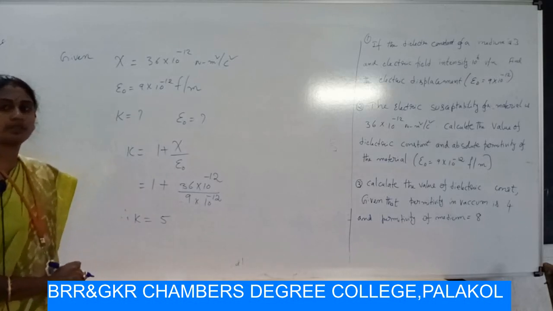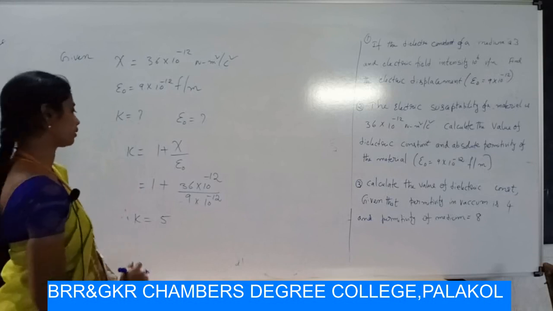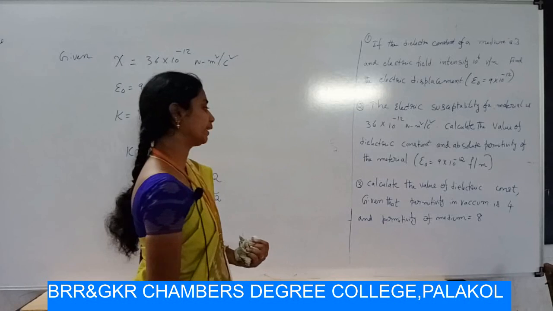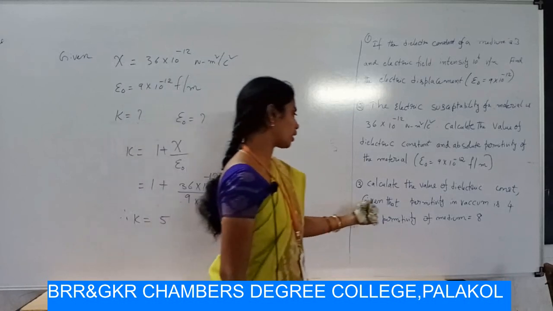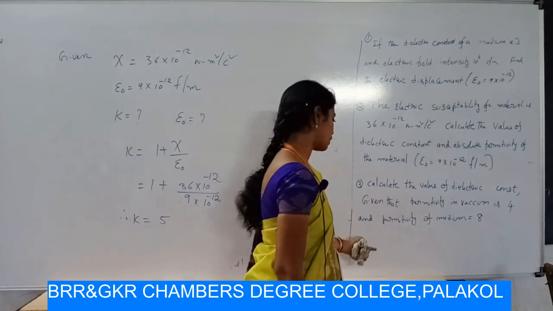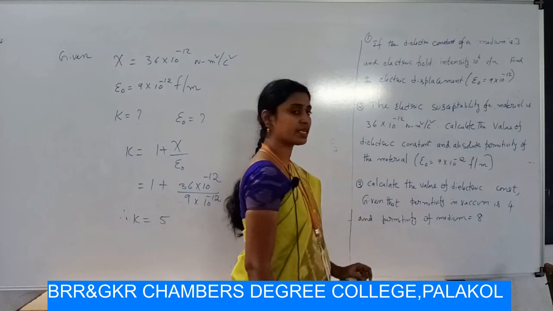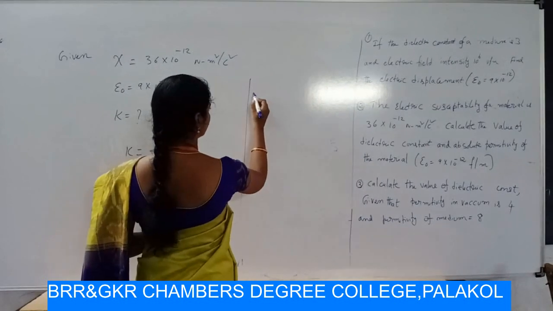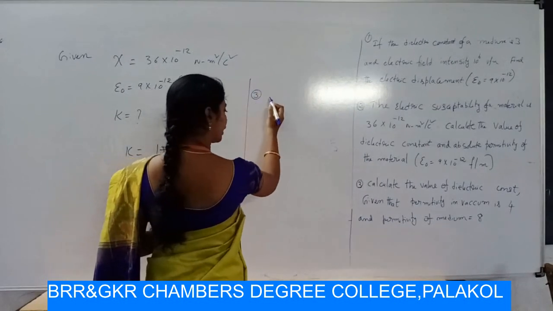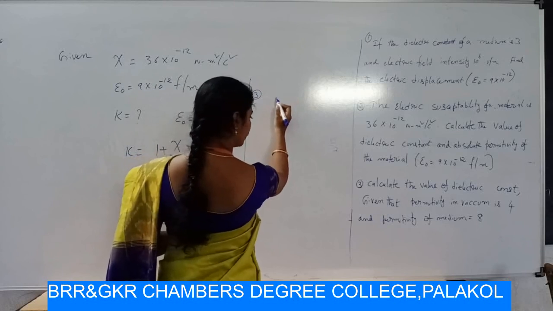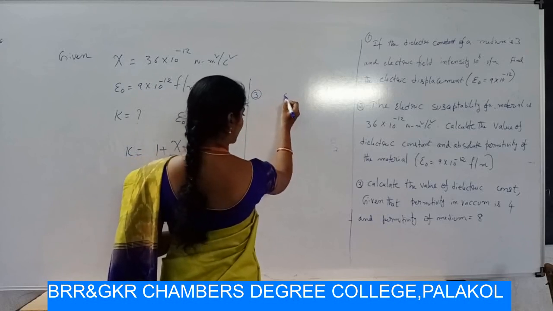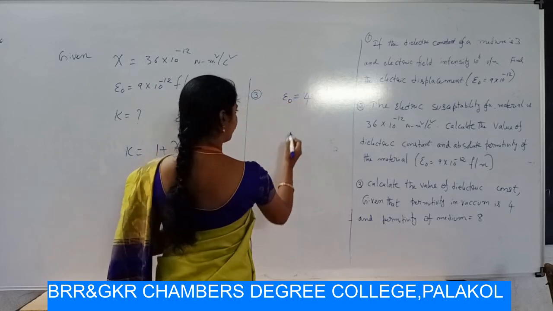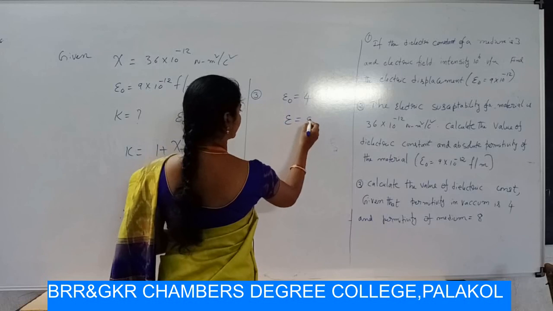Then we go for our third problem: calculate the value of the dielectric constant given that the permittivity in vacuum is 4 and the permittivity of the medium is 8. For solving this problem, we have the permittivity in vacuum, epsilon naught, as 4 and the permittivity of the medium as 8.